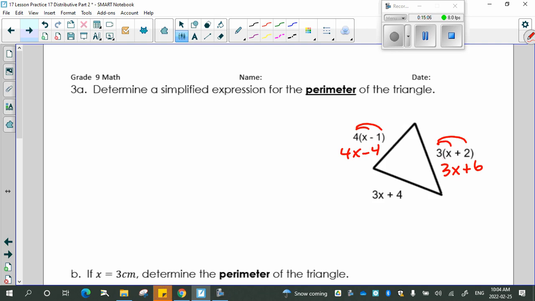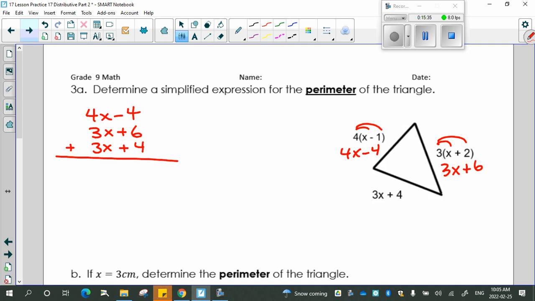And now I can just add the 3 sides together, because that's perimeter, right? So I want to add the three sides together. Add up the three sides.